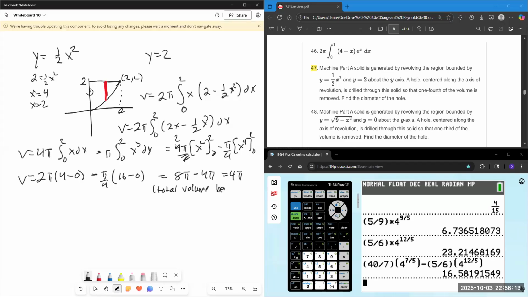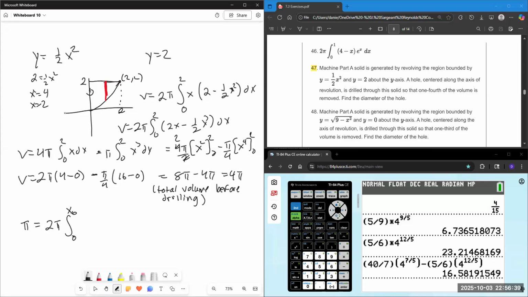before drilling. So I'm going to drill a hole that removes 1/4 of the volume. So 1/4 of this volume is going to be pi. And again, use my method of cylindrical shells.